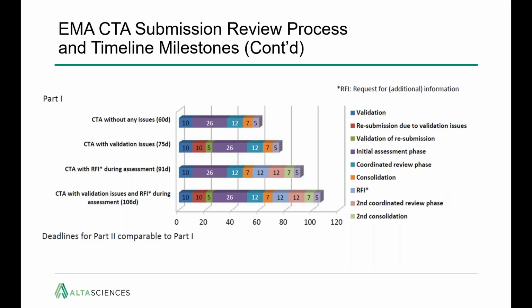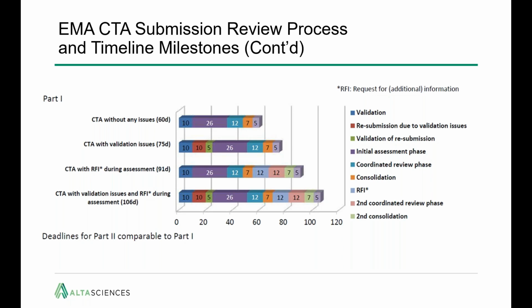This diagram has been published in, I believe, the EMA, and as I've noted, CTA approval of clinical trials, if there are no issues, can be as short as 60 days, as noted in this particular diagram, or bar graph. There is a 10-day validation process of the submitted data.